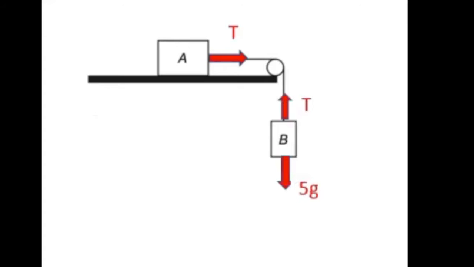All the forces on B are vertical. It has its weight, 5g, due to the acceleration due to gravity, and there is a vertical force T, the tension in the rope, because as it is attached to A, this is slowing it down, and there is a tension acting upwards.